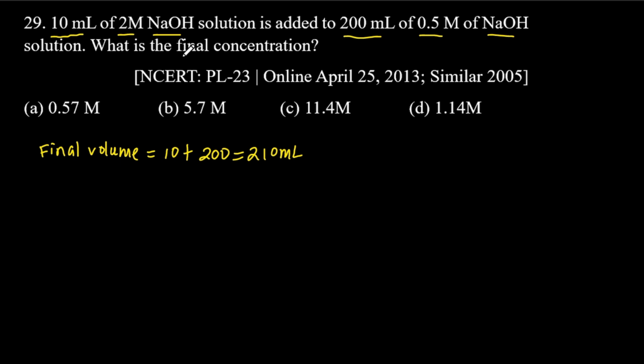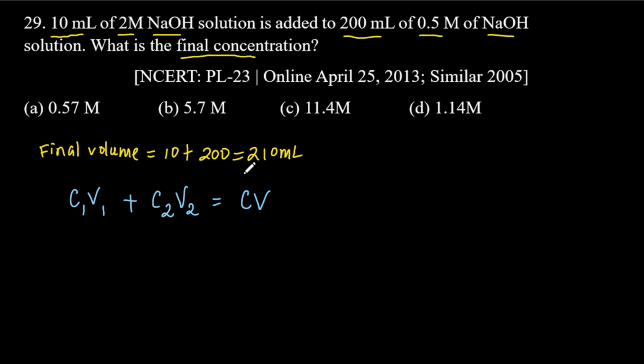In this question, we have to calculate the final concentration. We know the molarity equation: concentration of the first solution into volume of the first solution plus concentration of the second solution into volume of the second solution is equal to the final concentration into the final volume.